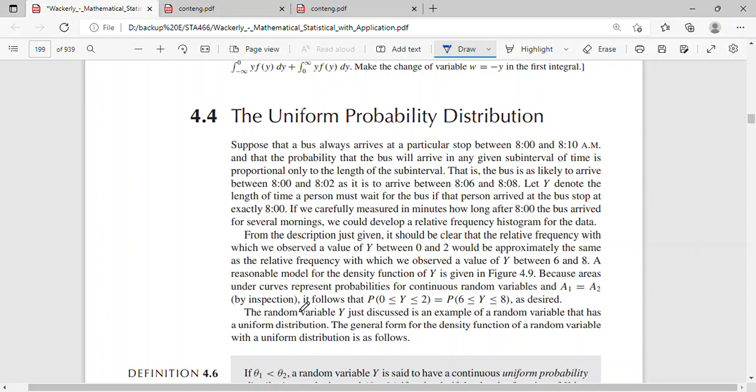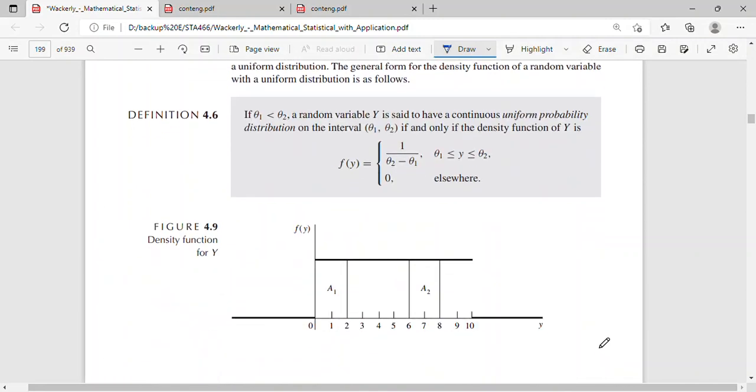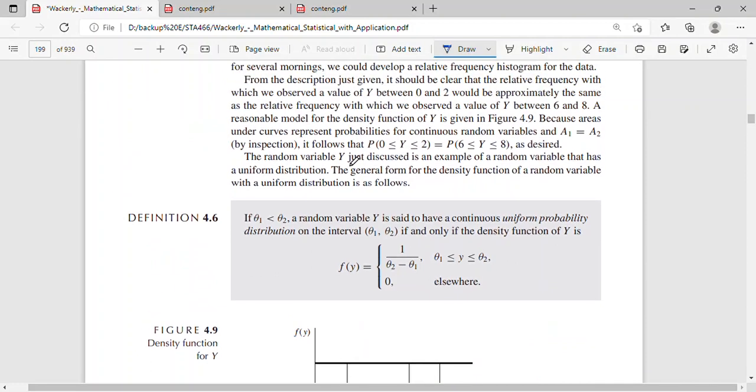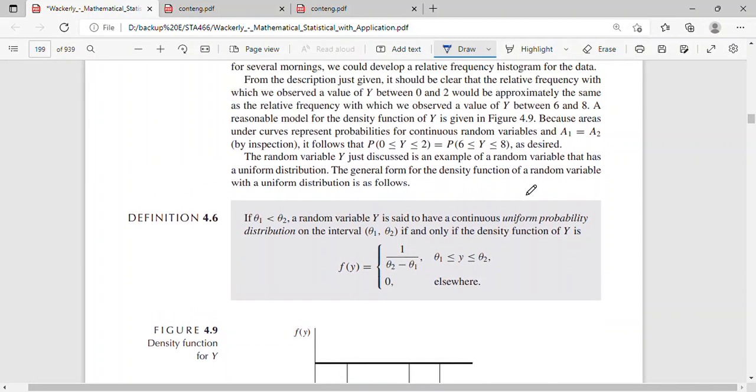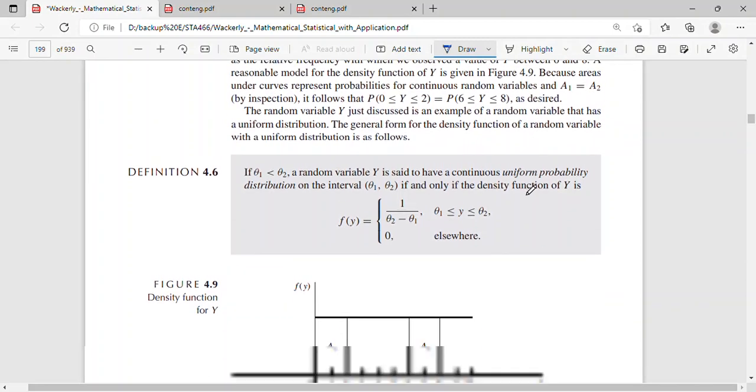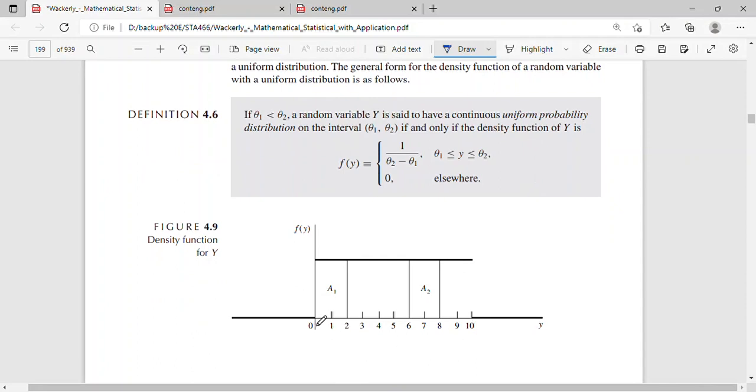So a reasonable model for the density function is as given in figure 4.9, within the interval of 10 minutes. The areas under the curve, A1 and A2 here, follow that the probability of Y between 0 and 2 equals the probability of Y between 6 and 8. Y is the waiting time for the bus to arrive. So they are the same. Because of that, this is the situation suitable for the uniform PDF.